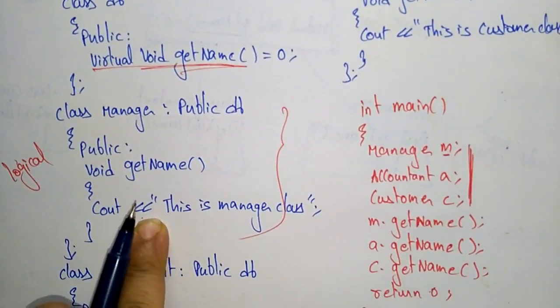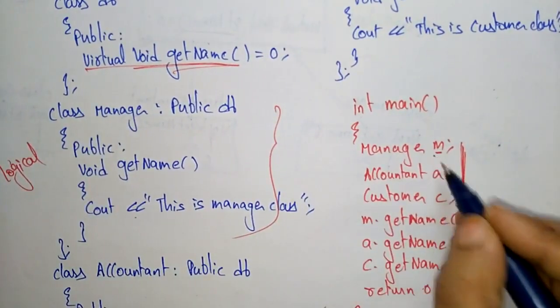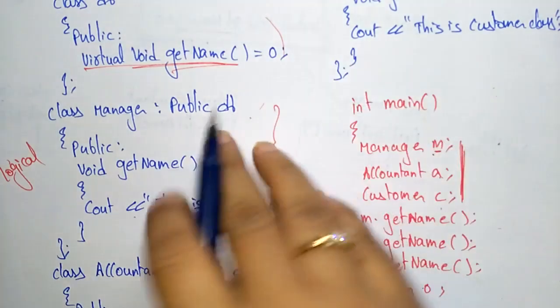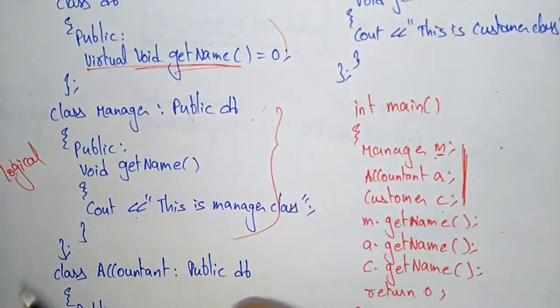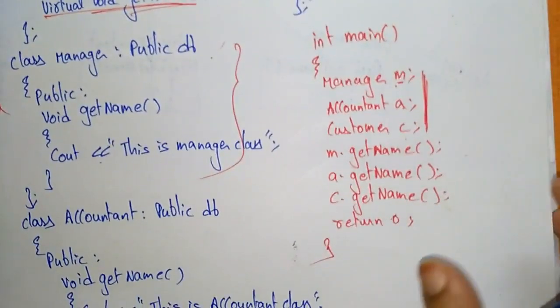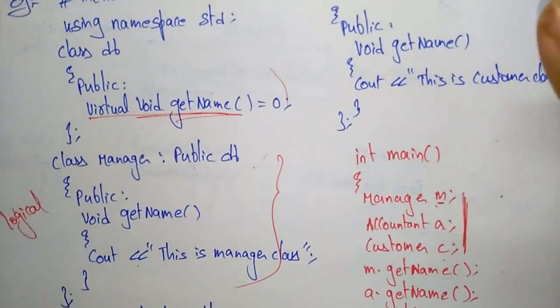These derived classes are called with the help of the objects, and with the help of the objects we call every function. So this is about the abstract class. I hope you understand. Thank you.